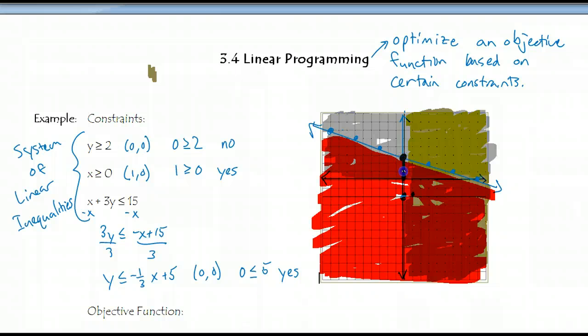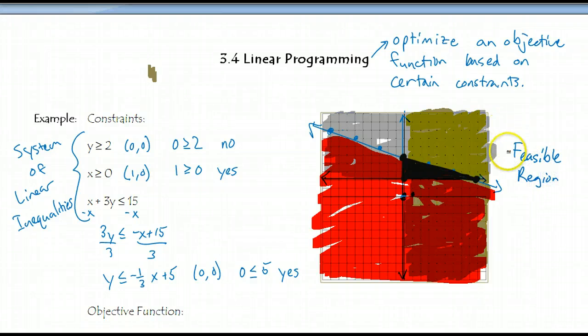From this point down to this point, across to this point, and then diagonally to here. So I'm going to shade in that region nice and dark. This triangle is called my feasible region.